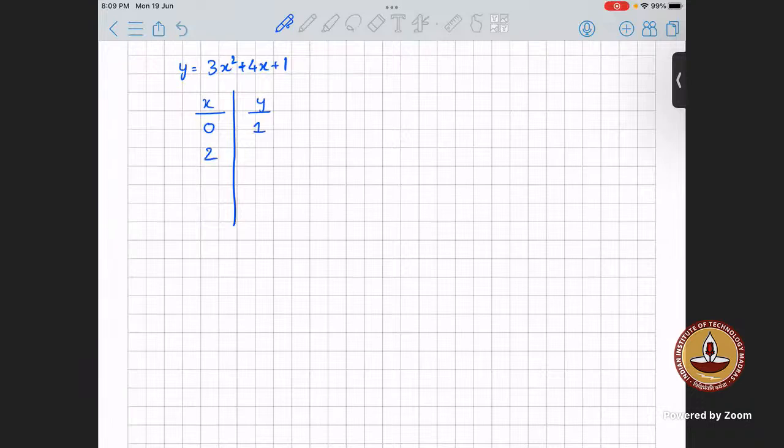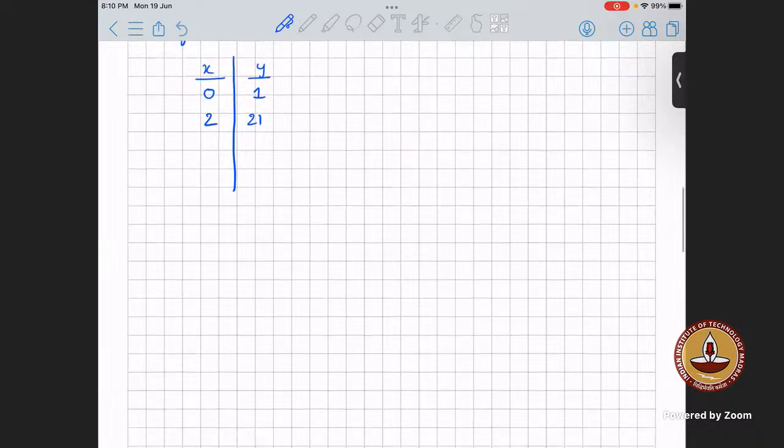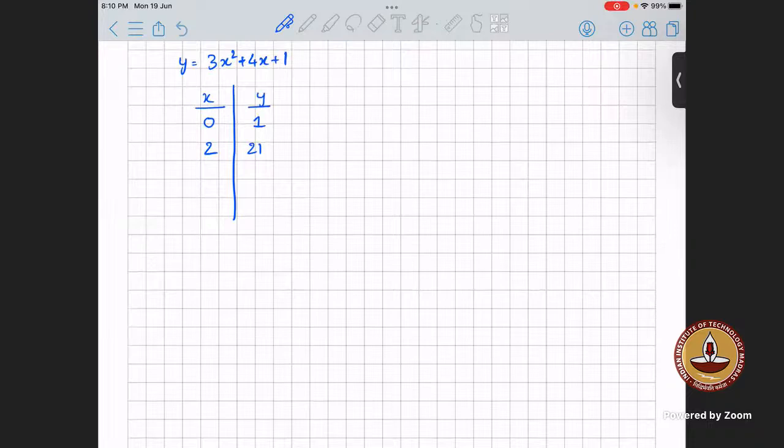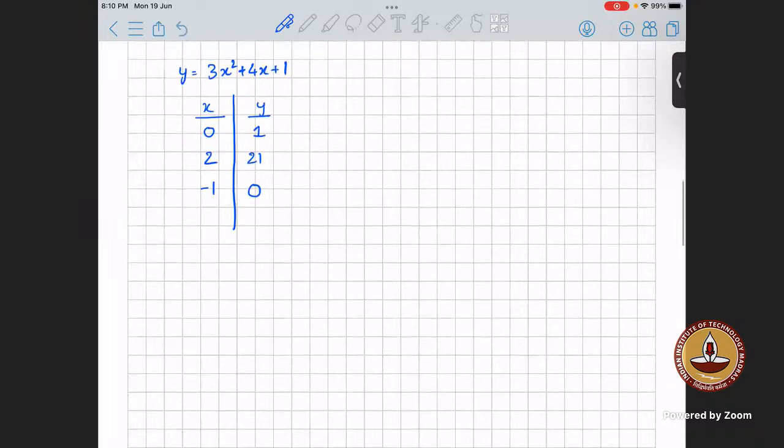Let x be 2, what is the y value? 21. Let x be minus 1, what is the y value? 0. Let x be minus 2. 5.